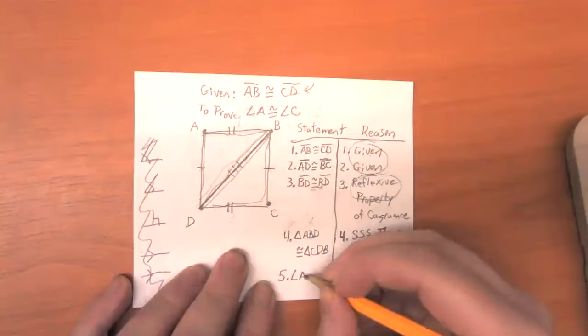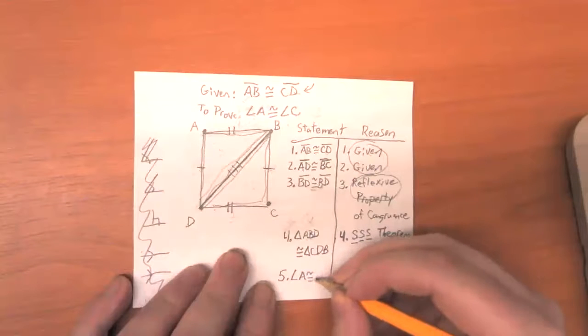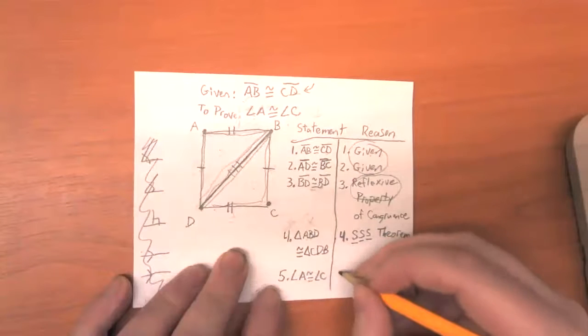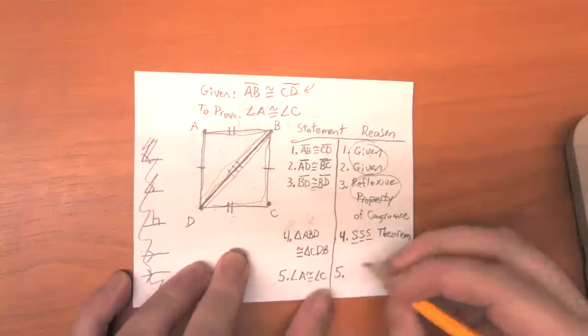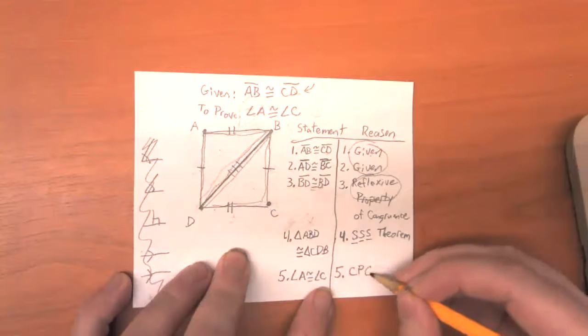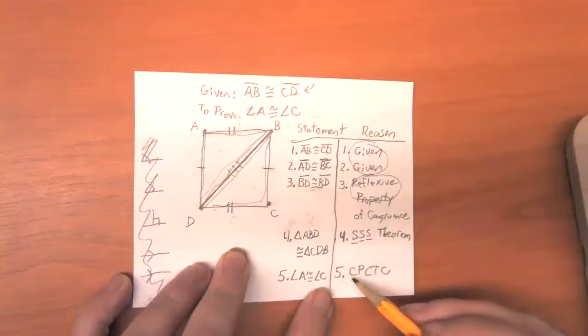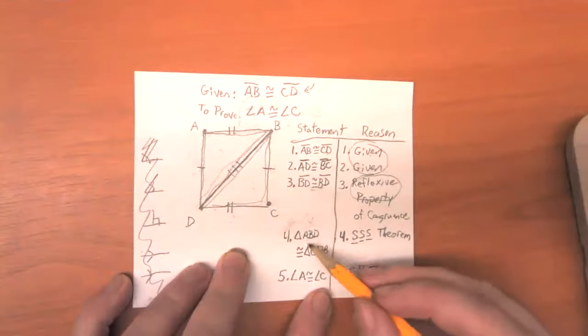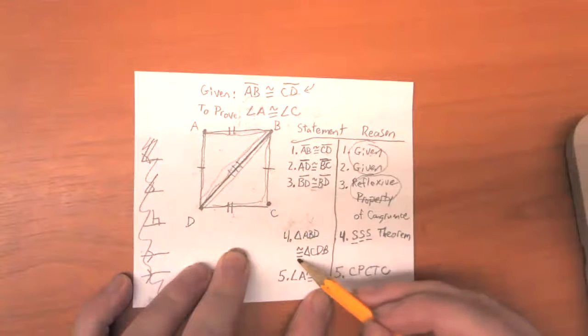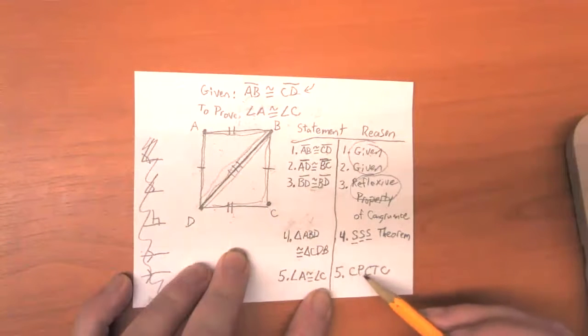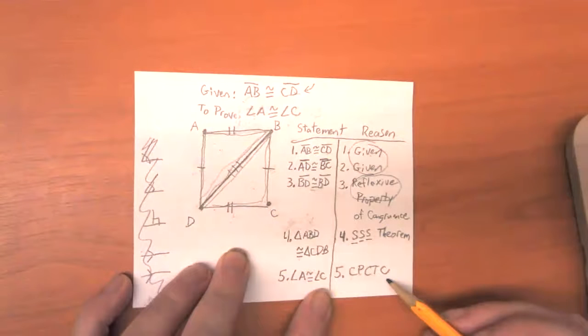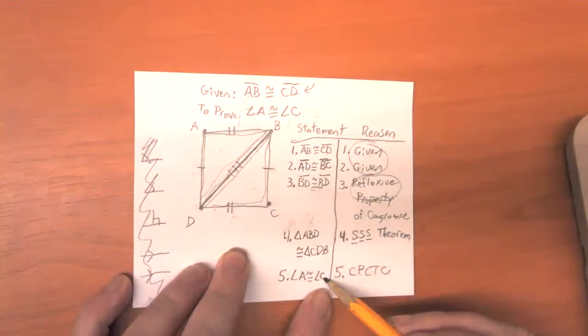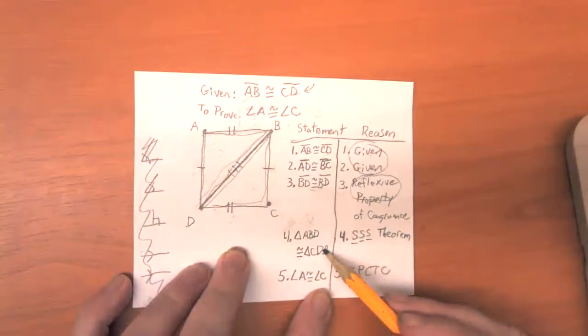And so therefore, I can conclude that these two angles are congruent to each other by CPCTC. Corresponding parts of congruent triangles are congruent. So those parts must be congruent because the triangles are congruent.